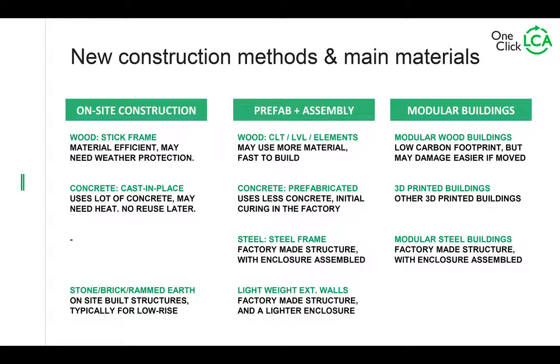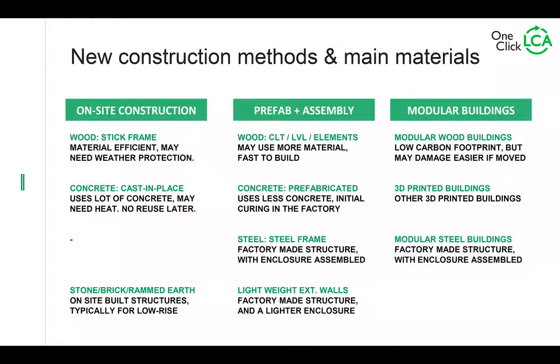Then in the prefabrication and assembly, there are different types of wood elements. You have cross-laminated timber, glulam, LVL, other glue reinforcement based timber, and we also have wooden, let's say, stick frame-like elements, which combine the lightness of stick frame with the prefabrication.